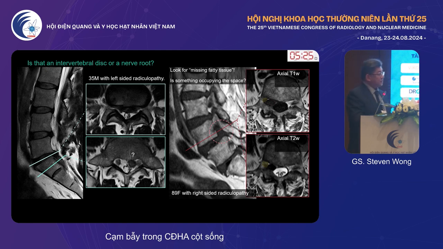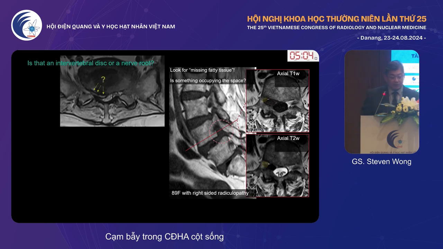And you also look for missing CSF space or missing fatty tissue space. So here you have the nerve root, and here the thecal sac and nerve root here, and your nerve root is here. It is actually disc protrusion in this area.